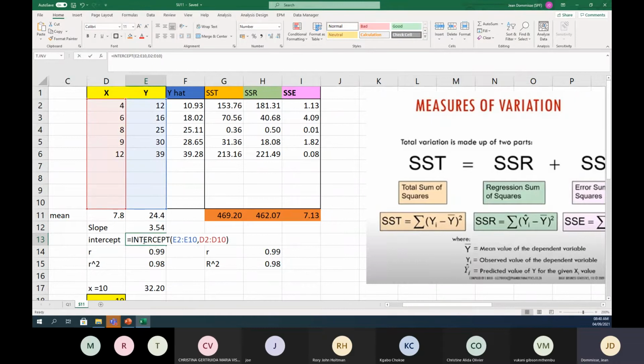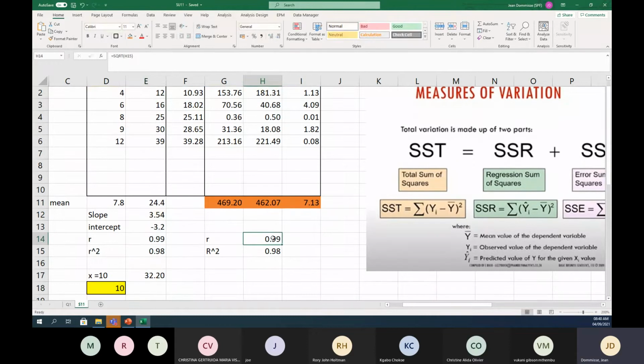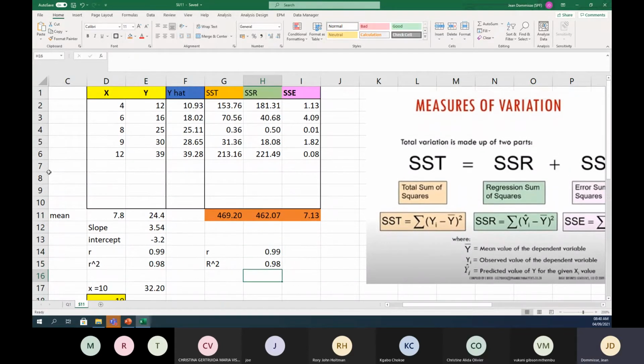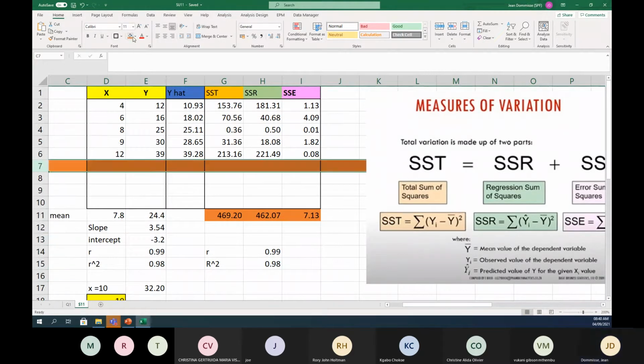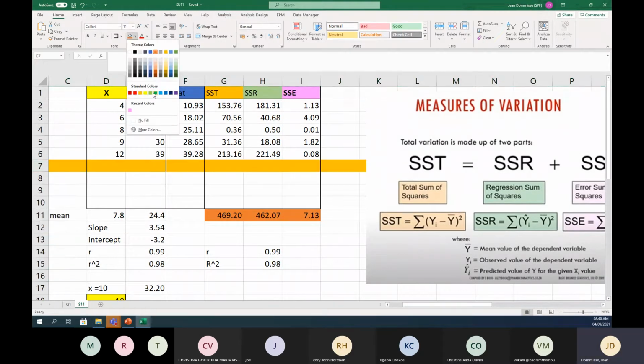All the others I think I have had, but I just want to check. Yes. So the best way to add is to say, and let's make it another color.